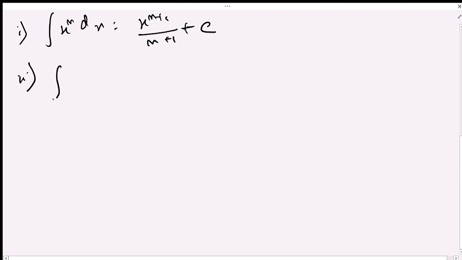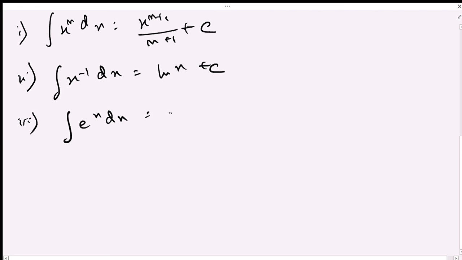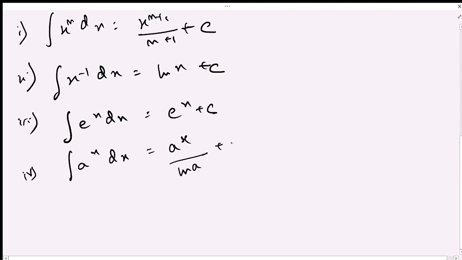Then we have integral of x to the power minus 1 dx, which is given as ln x plus c. What is ln x? Natural logarithm, log base e. Then we have integral of e to the power x dx, which is given as e to the power x plus c. Then we have integral of a to the power x dx, which is given as a to the power x over ln a plus c.